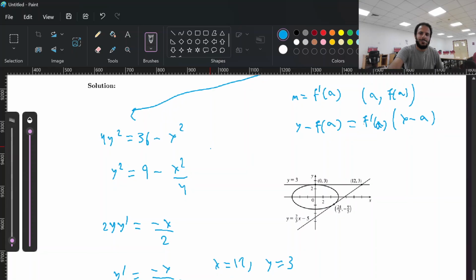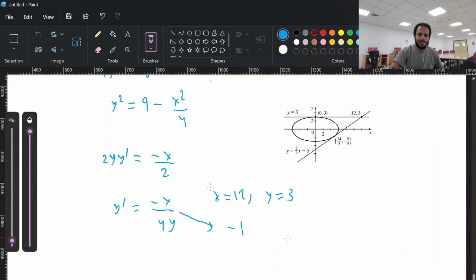So we have y minus 3 equals minus 1 times (x minus 12), and then you can just bring the y to the other side. You'll get y equals minus x plus 15.